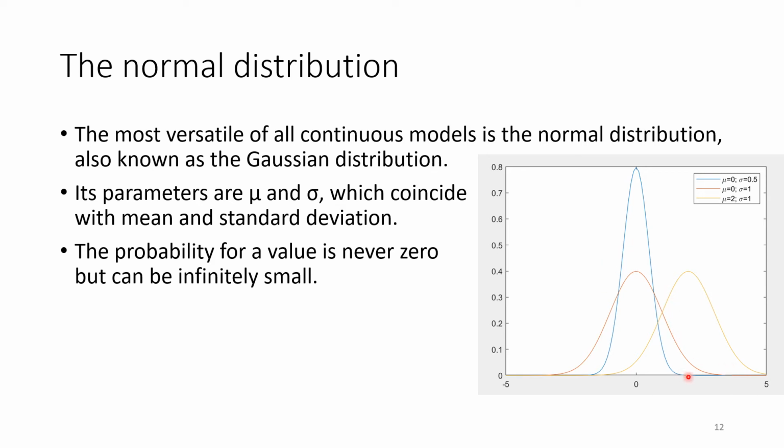It goes infinitely far out, asymptotically approaching 0, to put it correctly. So the probability is never 0, but it's asymptotically approaching 0. The integral over those curves is always 1, because some state has to be matched.